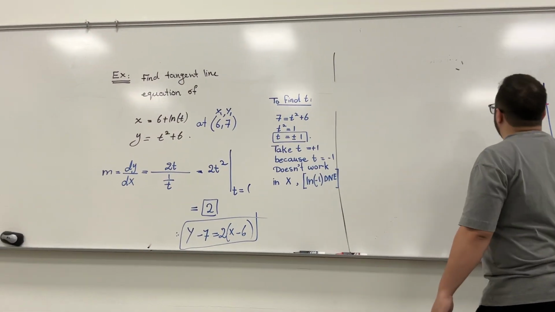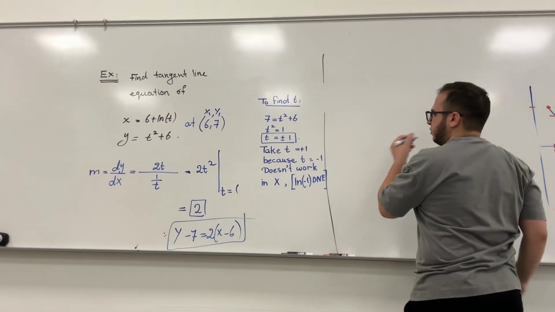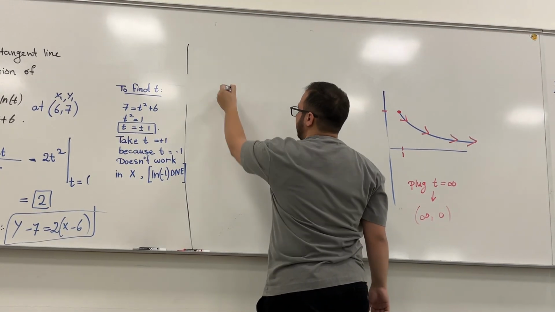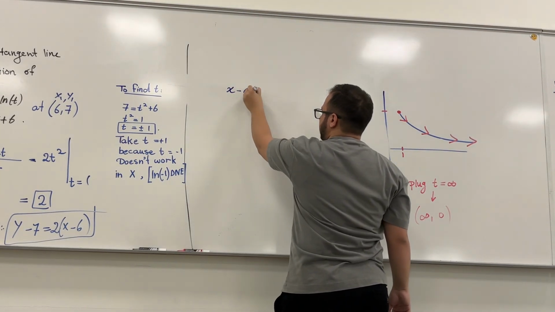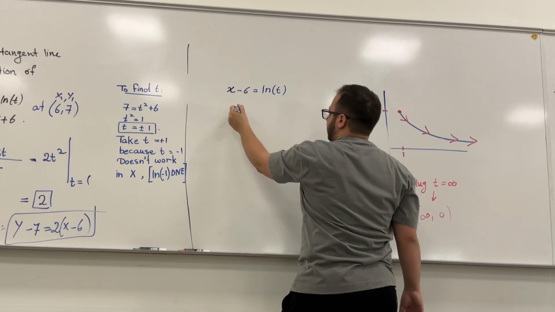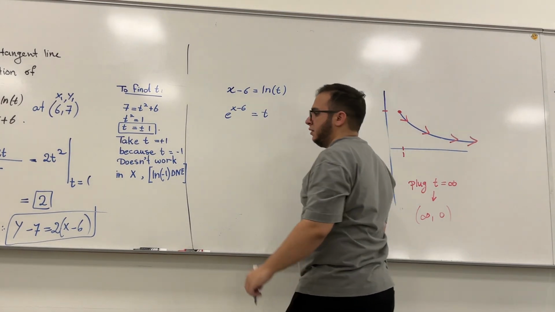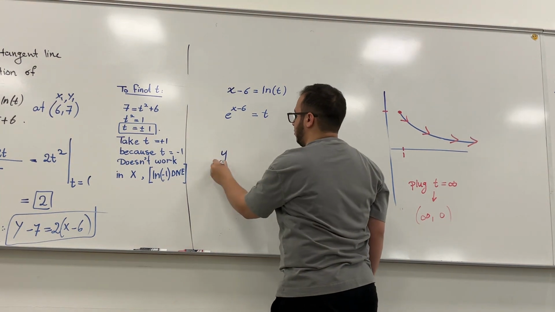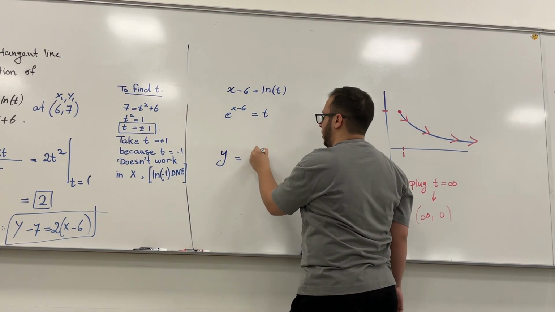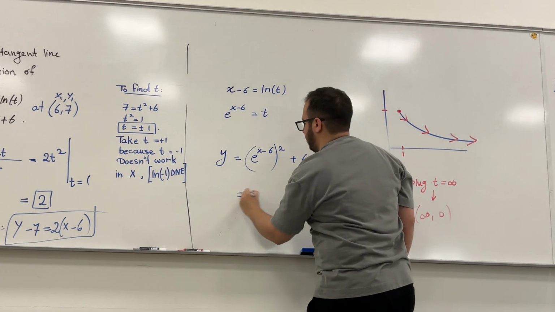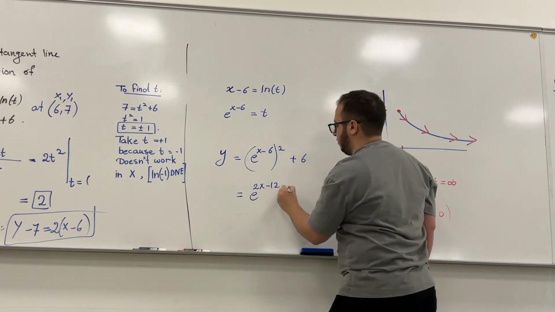Let's try it quickly. So what do we have? x minus 6 equal ln t. So take e to both sides, and then plug it in y. So y equal e to the (x minus 6) squared plus 6, which is e to the 2x minus 12 plus 6.